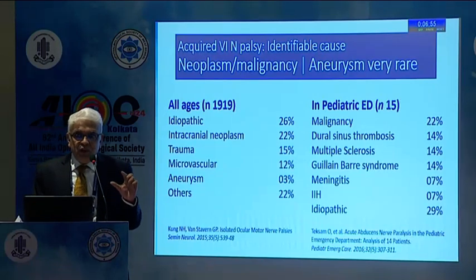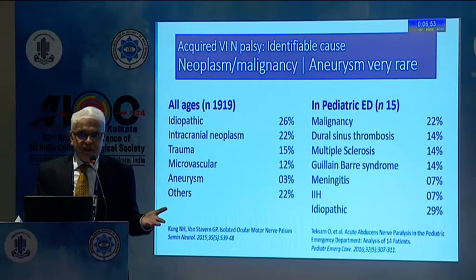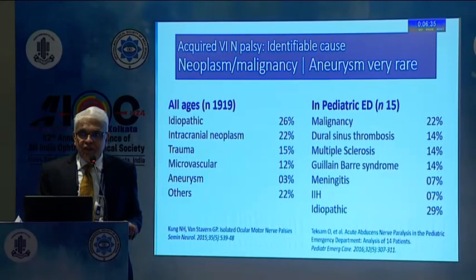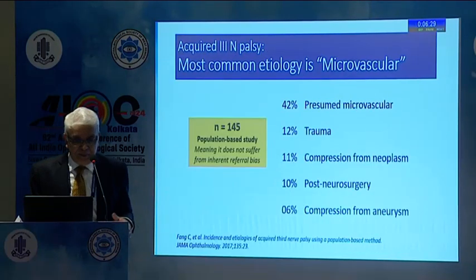So once again, would you jump and do an MRI immediately, or would you prefer to wait and see which way the isolated sixth nerve palsy, for example in an elderly diabetic, went? It's not that I'm going to say, look, you're a diabetic and you have an isolated sixth nerve palsy, take Neurobion tablets and come and meet me after 3 months because everything will be okay by then. No. These are all things you need to follow up over time. You have to use your head a little bit as well.